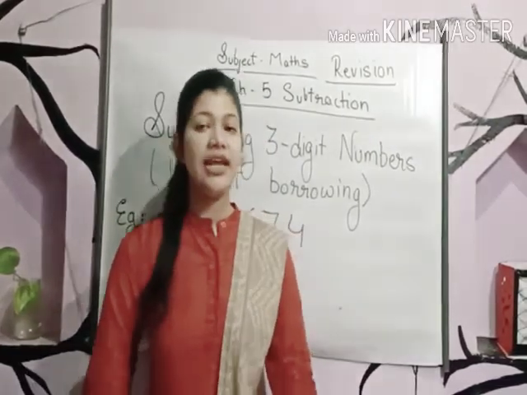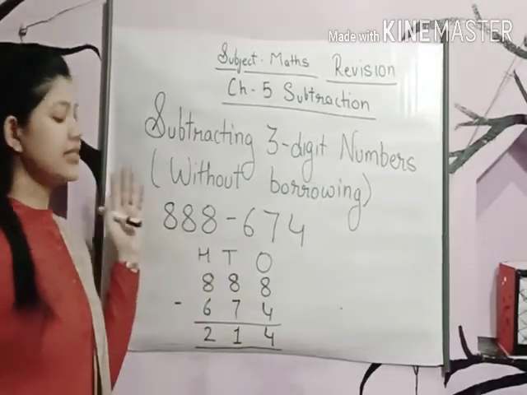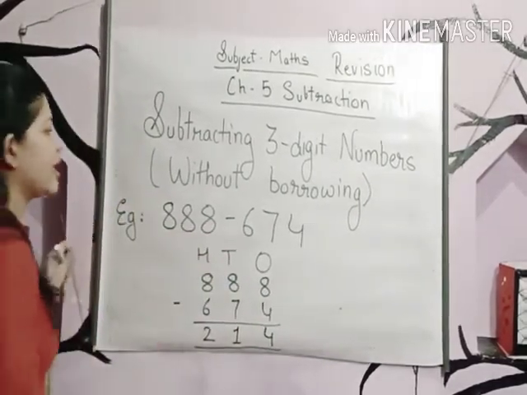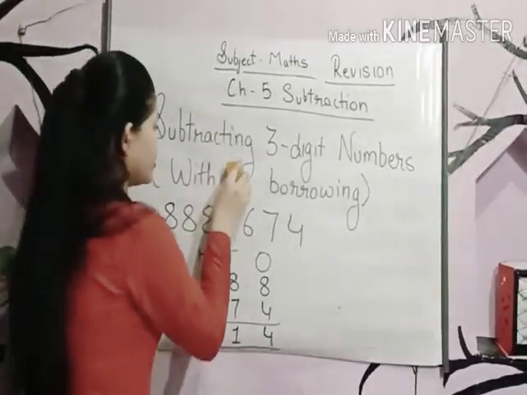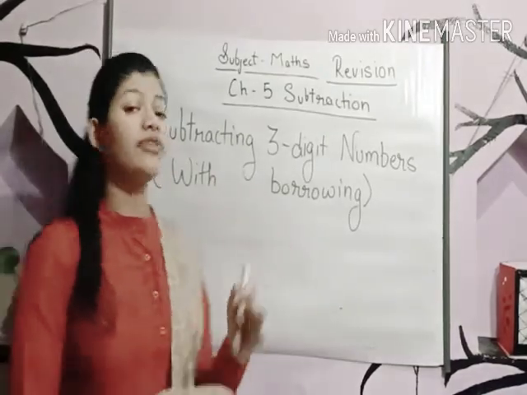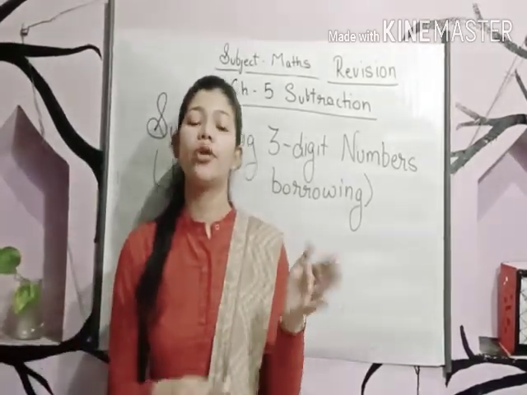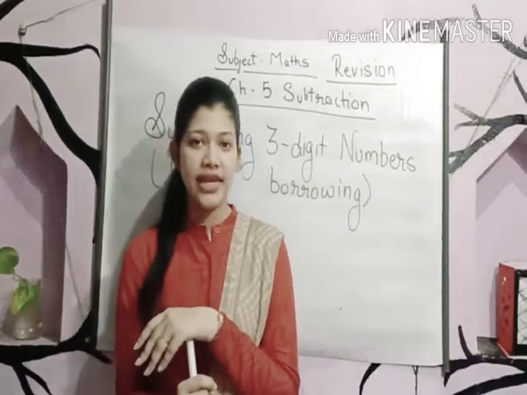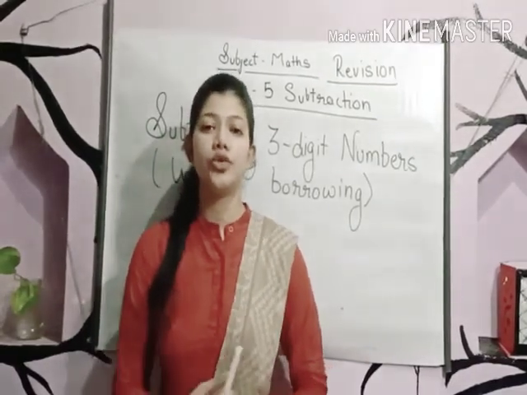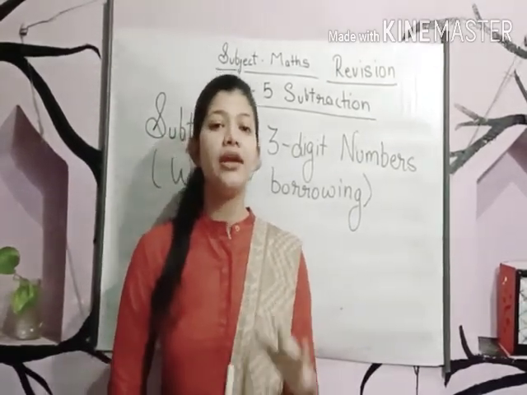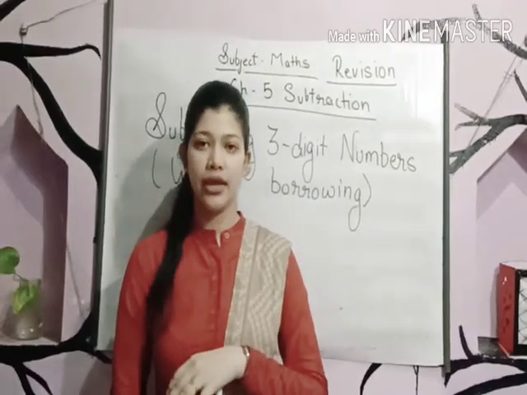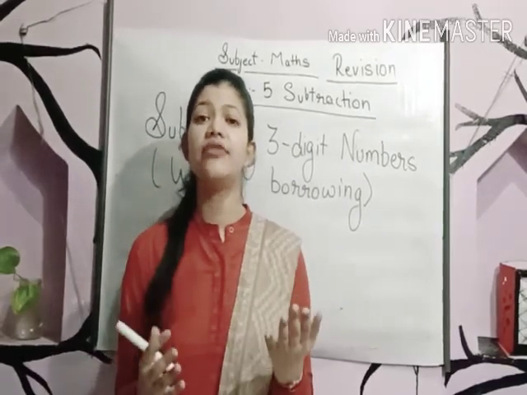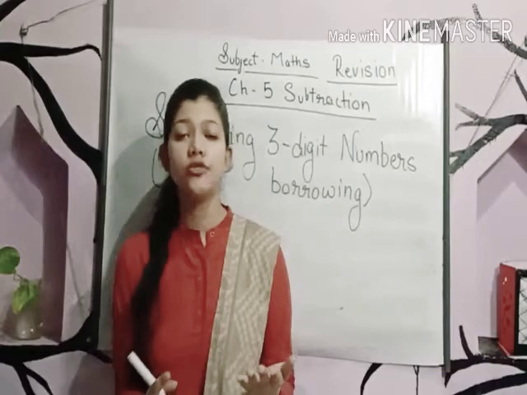Now students, let's come to our next topic, subtracting 3-digit numbers with borrowing. With borrowing means we have to take a number from the next column. If I told you to please bring 10 markers here, but you don't have 10 markers, what will you do?